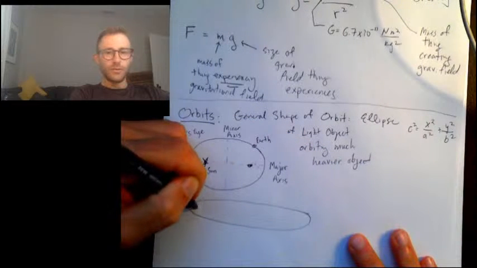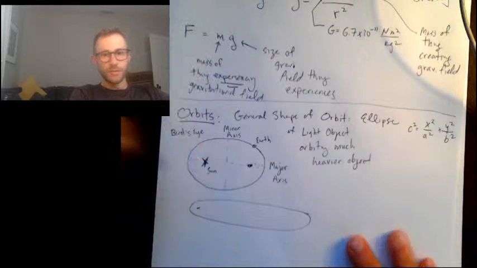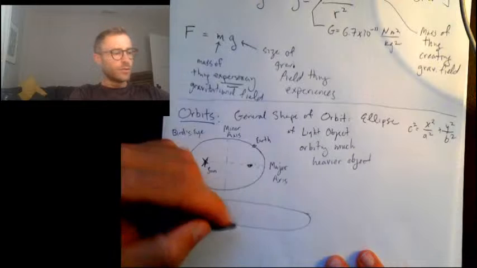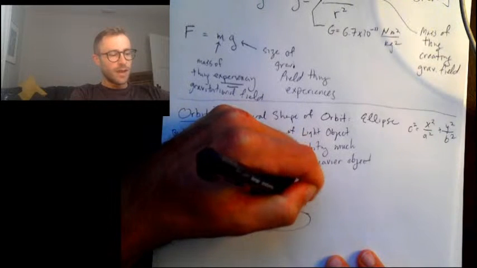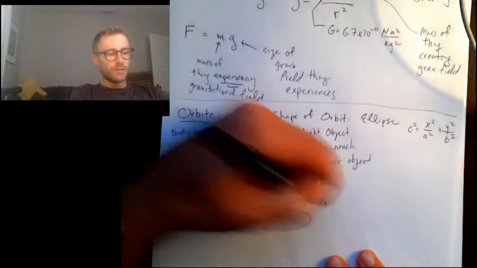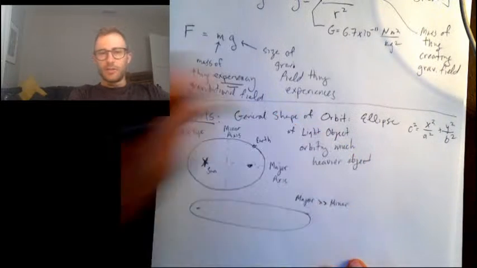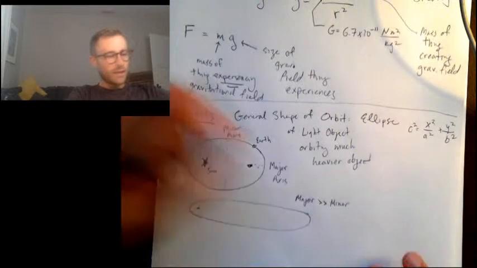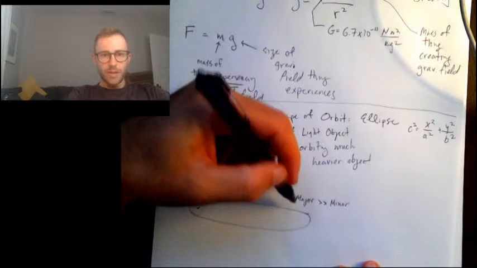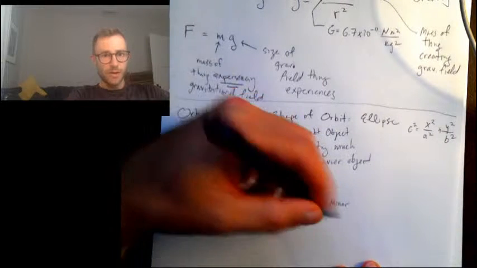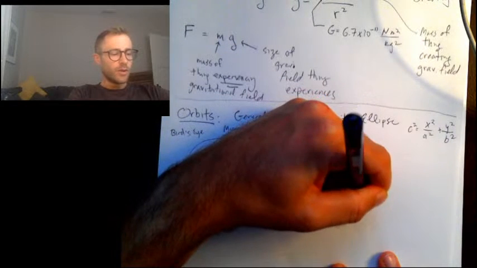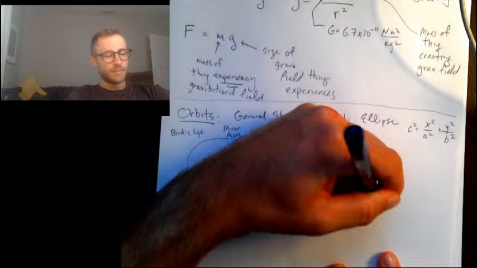So here's a focus right over here. This one has a major axis that is a lot larger than the minor axis. And so the technical term for that, basically the bigger the major axis is compared to the minor axis, we call that eccentricity.